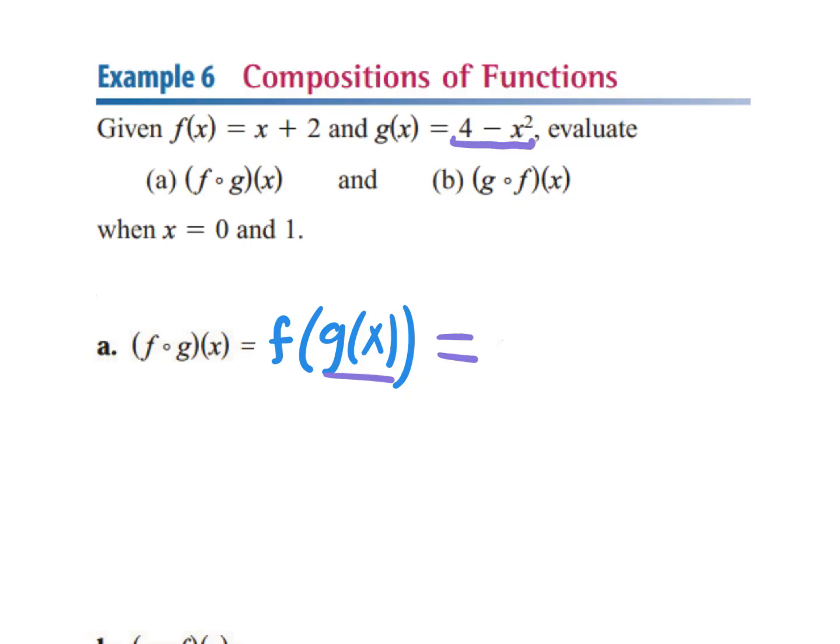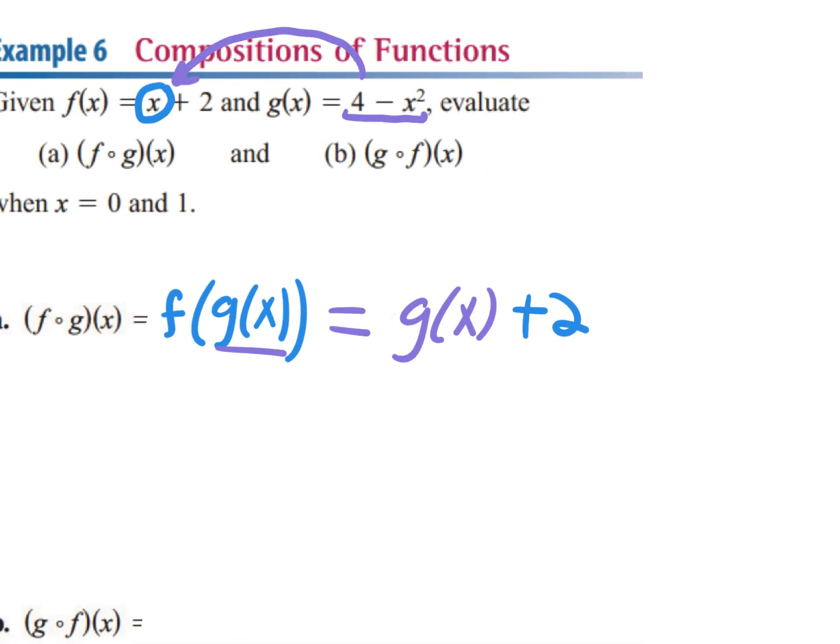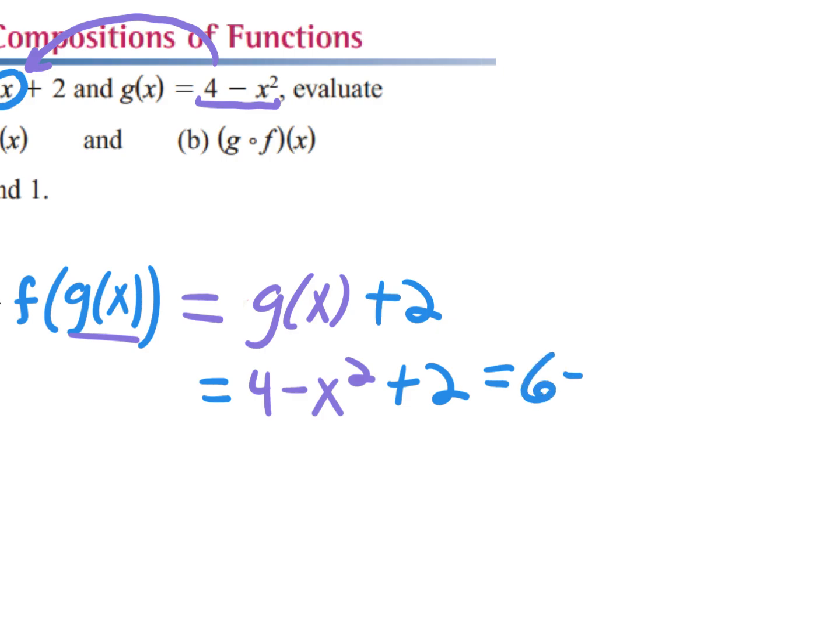Into f, into this function for the x. So this is the same as g of x plus 2, because I'm taking that x in f of x and replacing it with g of x. But g of x we know is 4 minus x squared. So this is the same as 4 minus x squared plus 2, which is the same as 6 minus x squared.